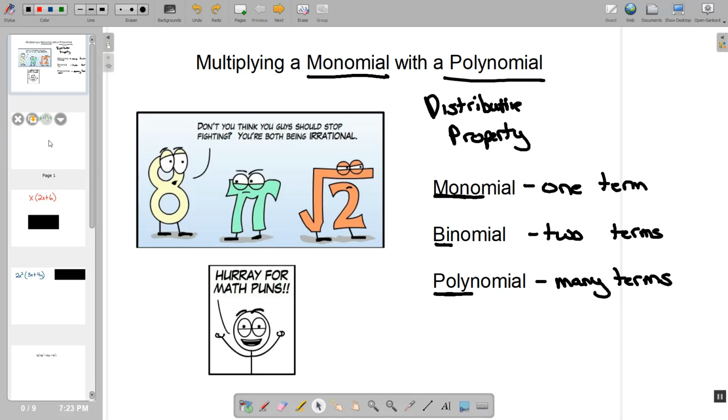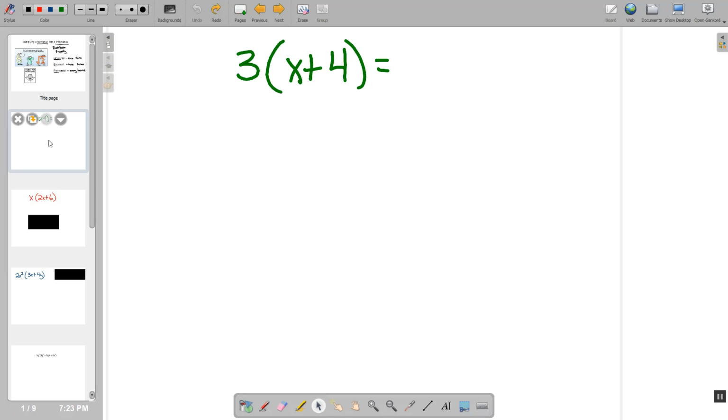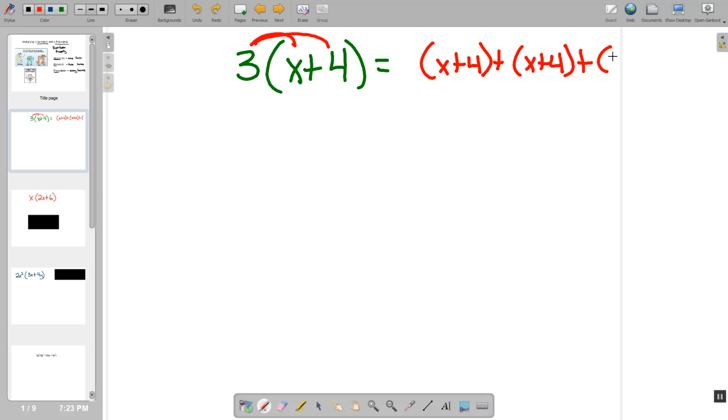As a quick review of the distributive property, we think about this number on the outside, and it's distributing to each individual number in the middle. The distributive property really means this term 3 times, or 3 times x plus 4. But very rarely are we actually going to write it out like this.